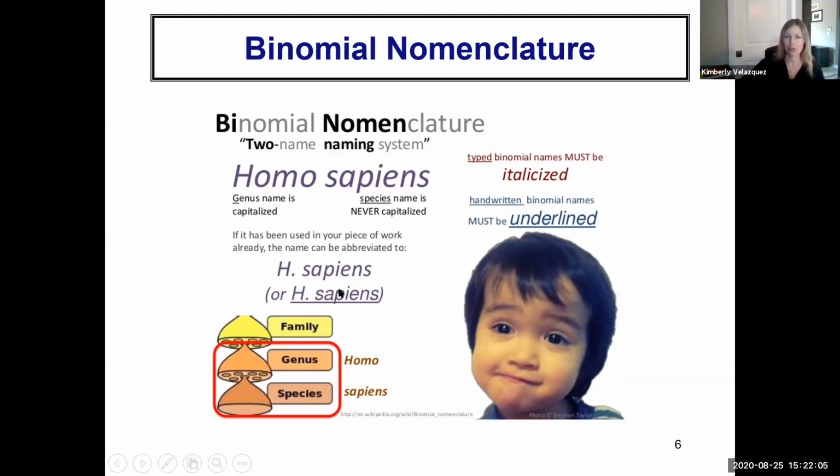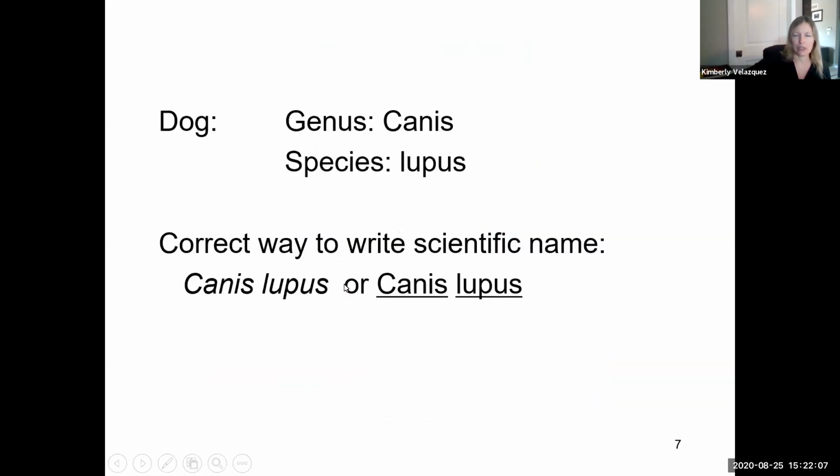So it can be italicized or underlined. I've written an example here. So our doggies are Canis lupus, and the way you would write their scientific name is either like this with underline or like this italicized. Okay, so genus is capitalized, species is not. And that's important to know too.